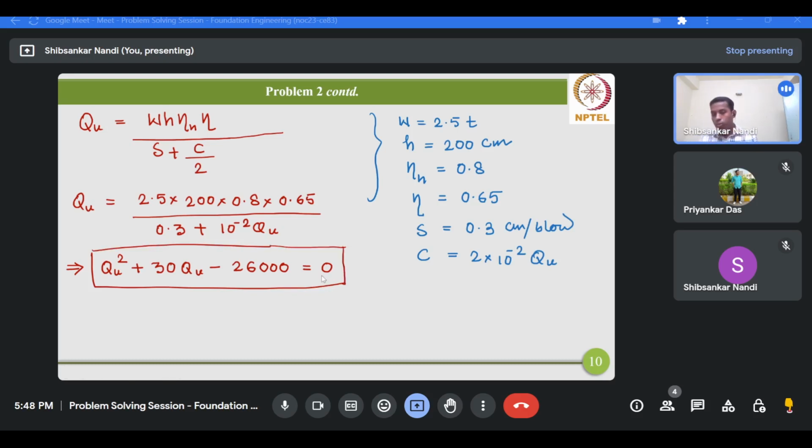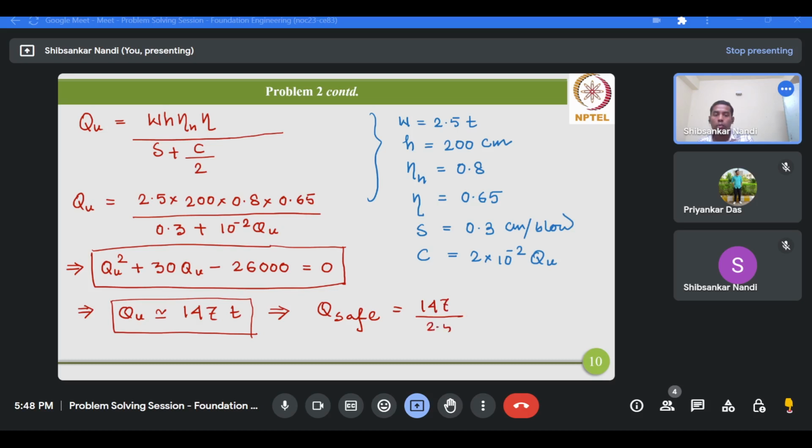So if you simplify this equation, it will become a quadratic equation in QU. Now you have to solve this equation. After solving, you will end up with the QU value as 147. Okay, again this value is an approximate value. Now you have got the ultimate pile resistance. So the safe pile load will be simply ultimate by the given factor of safety, which is 2.5.